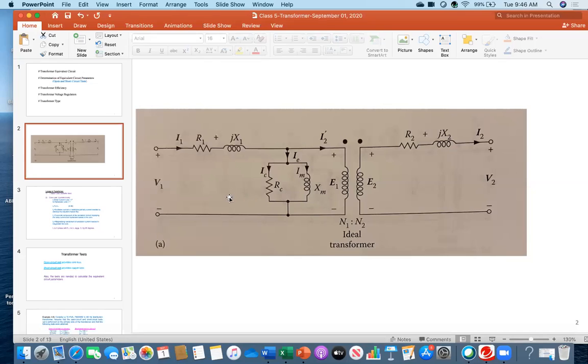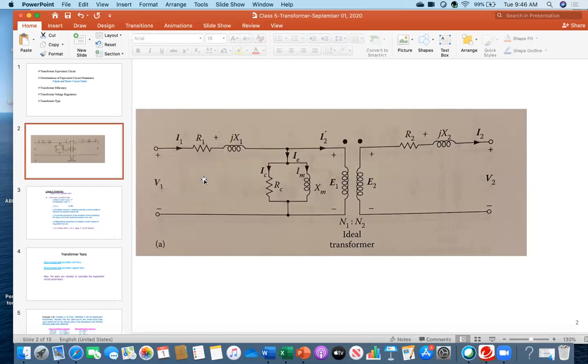Once you apply the voltage on the primary and current starts flowing, first voltage is induced in the primary coil, it produces current, then it produces flux, and that flux starts flowing through the magnetic core material.